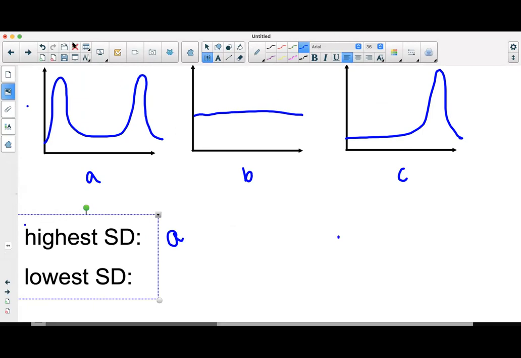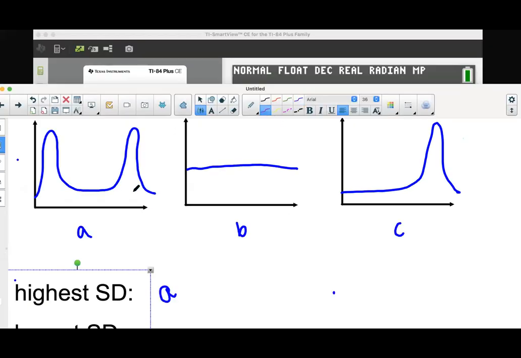Where is the mean, guys? Can I assume that the mean is somewhere in the middle? Would you agree? So between A and B, because many people are thinking A or B, A has more numbers away from the mean than B. So A has the highest standard deviation.